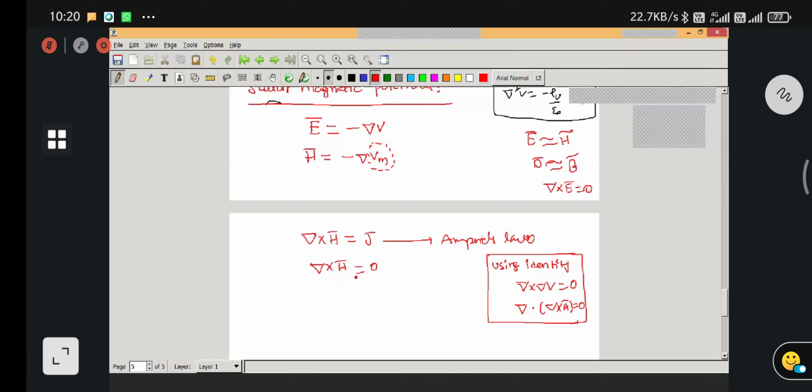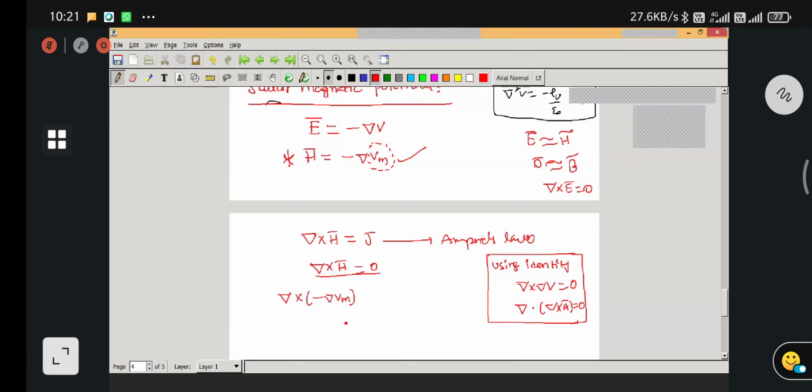First of all, I am writing this with precision. Why write 0? Curl of H is equal to this. H is equal to minus del Vm.